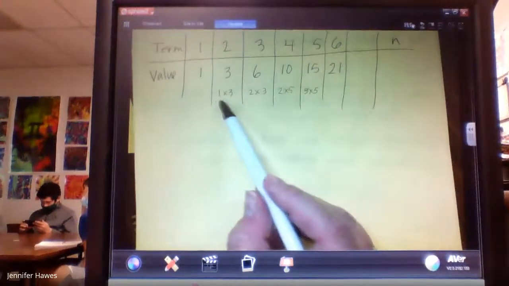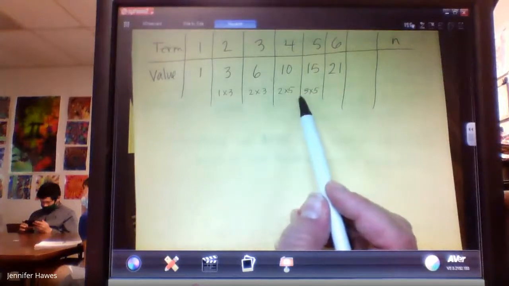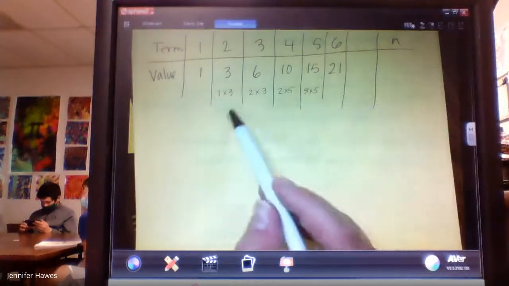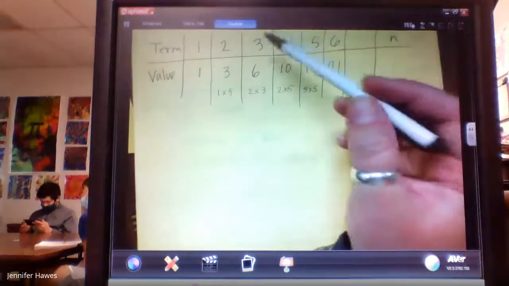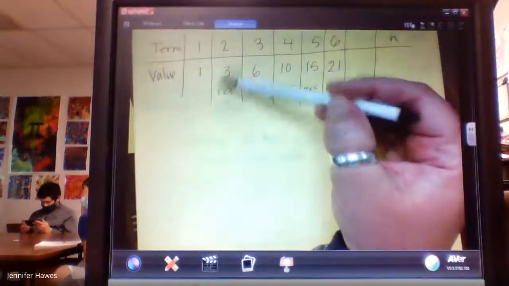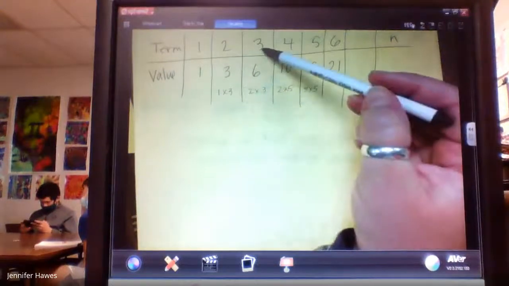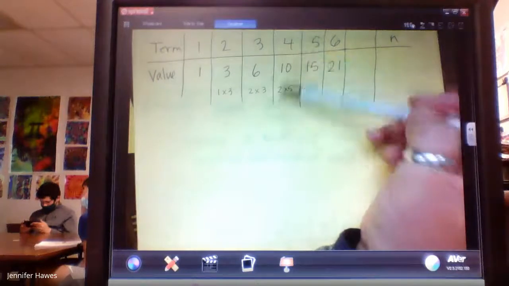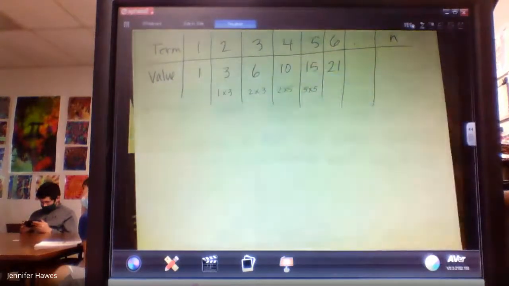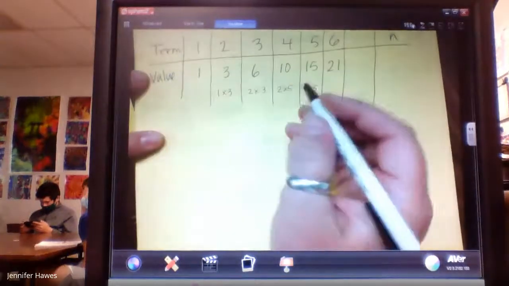It goes from 1 and then 2, 2, 3, 3, and on. This one goes 3, 3, and then goes 5, 5. If you're looking for this relationship here, that's 1 less, that's 1 more. That's 1 less, that's the same. That's 2 less, that. So I don't have a pattern there.